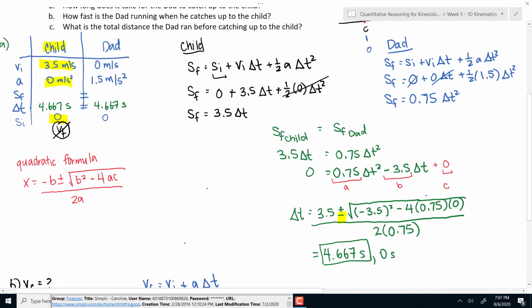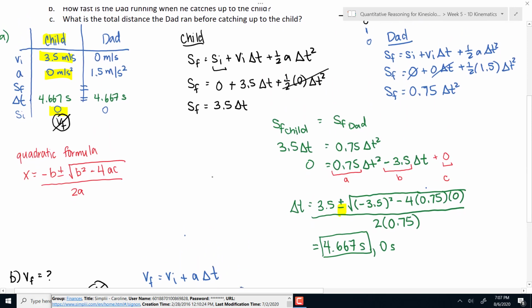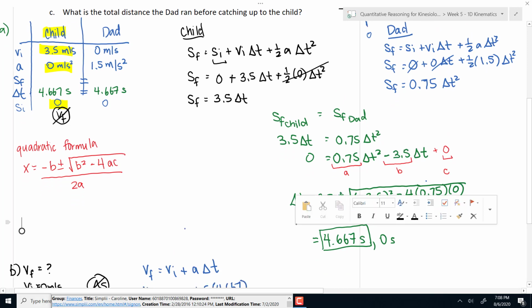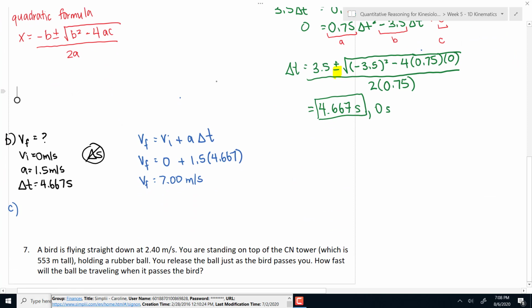And in part C, the question says, what is the total distance the dad ran? So what variable are we looking for before catching up to the child? So we're looking for the delta s for the dad. So delta s. So we can take a look at all these variables from part B and use them to figure out what delta s is.